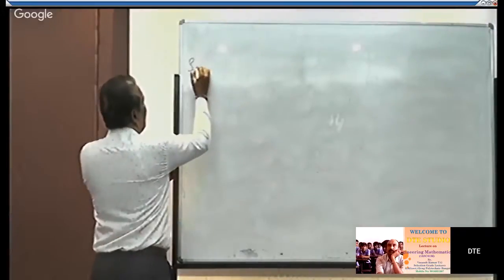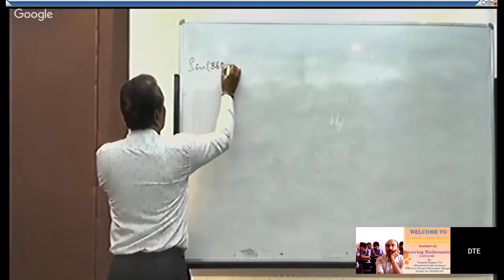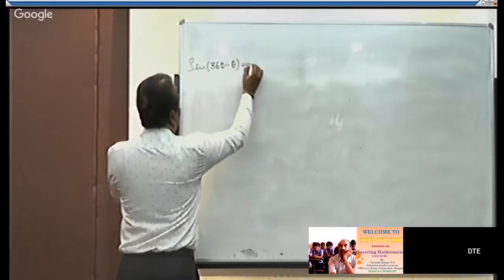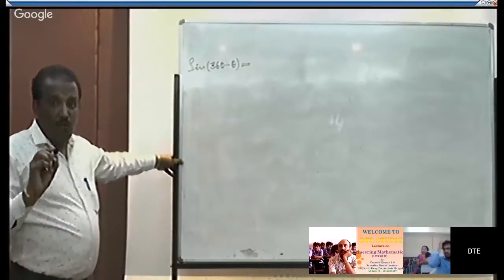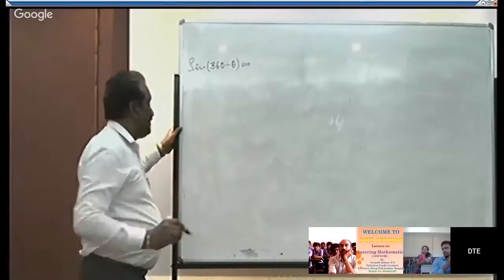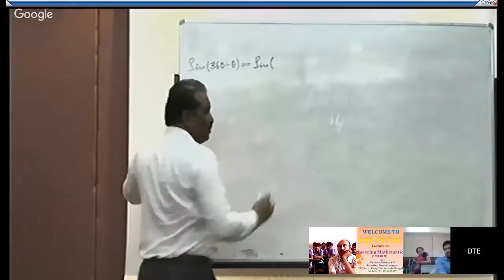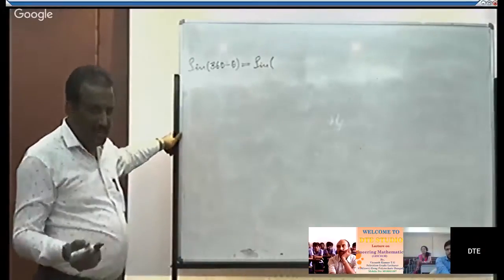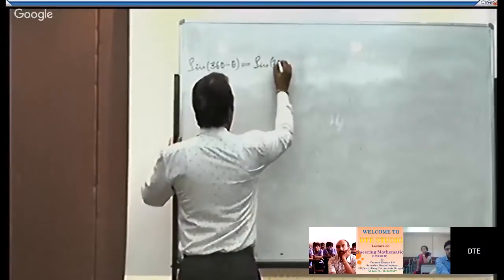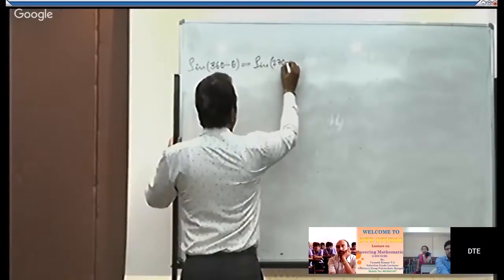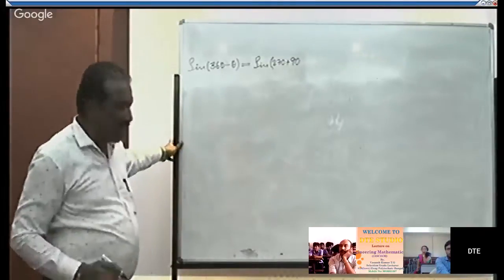As usual, let us start our discussion with sine of a function. The similar procedure we have to follow, but we should write the result because these results are very important for the future classes. As we split the 270 as 180 plus 90, now you can split this 360 as 270 plus 90. 270 plus 90, it is 360.